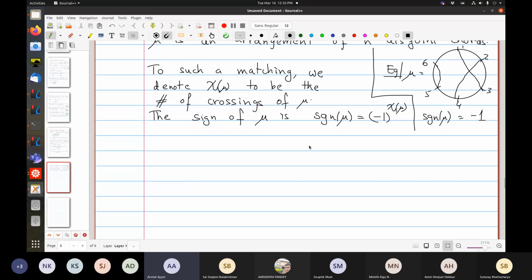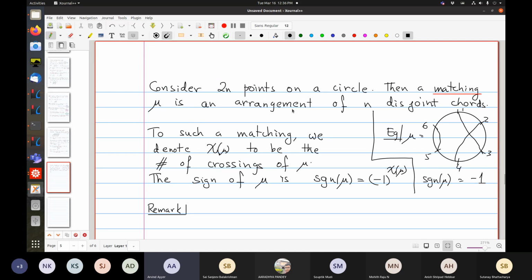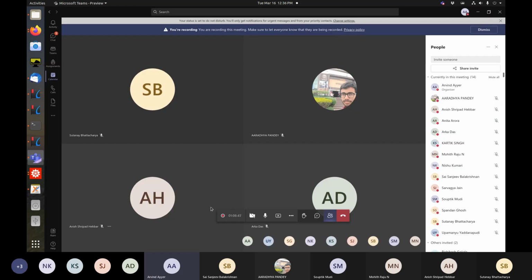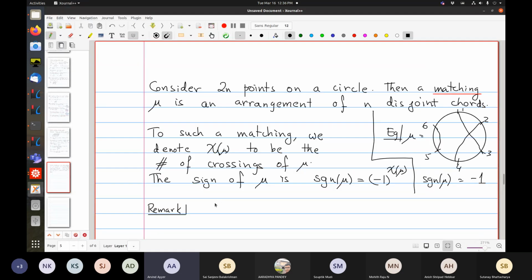So quick question. What is the number of matchings of 2n endpoints on a circle? Can anybody see it quickly? Double factorial. Yeah. So the number of matchings is equal to 1 times 3 times 5 times etc. up to 2n minus 1.